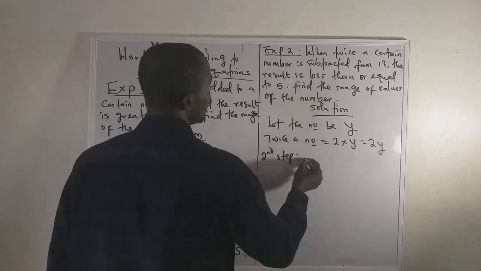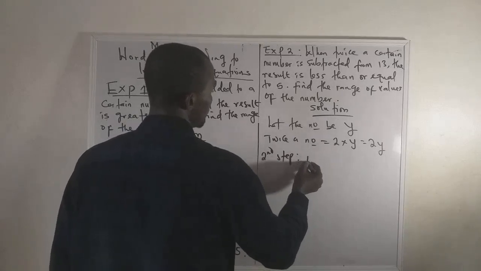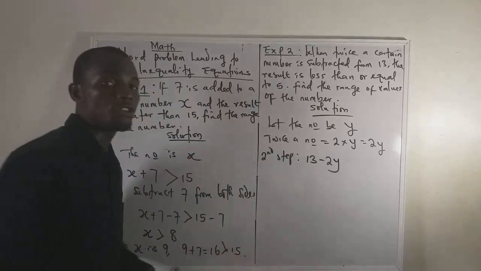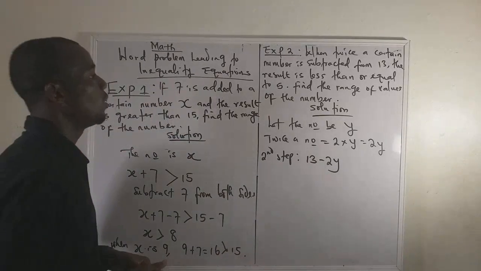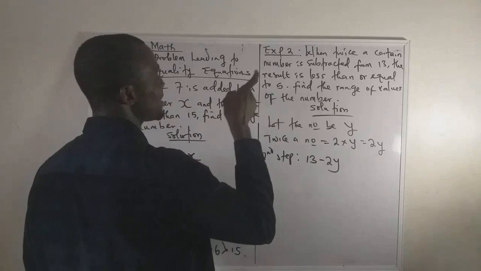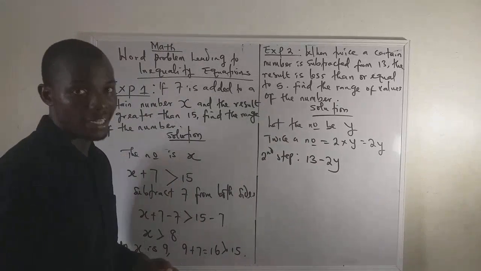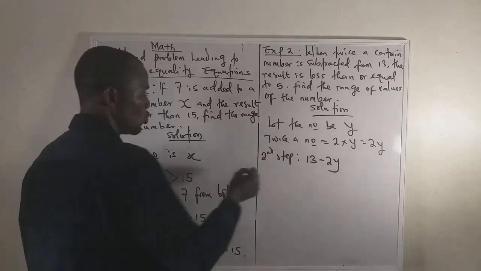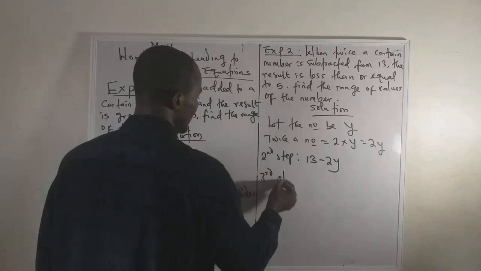We are going to have this result taken away from 13. They say the result is less than or equal to 5. Find the range of values of the number. So the third step is to interpret that statement.